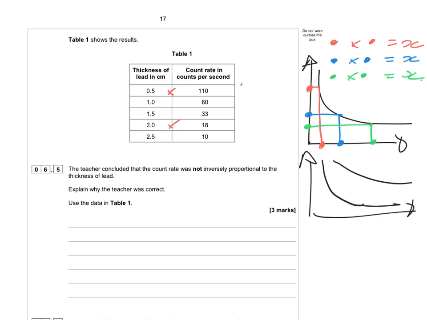And in this case, you will get 55, and in this case, you will get 36. So they are not producing the same number as what we should have in an inversely proportional relationship. So it's not. To get the marks, you've got to first produce 2 calculations by multiplying the 2 together. And then the final thing is stating that they are not the same number, therefore it can't be inversely proportional.